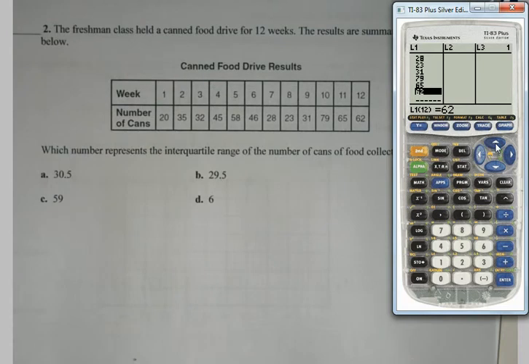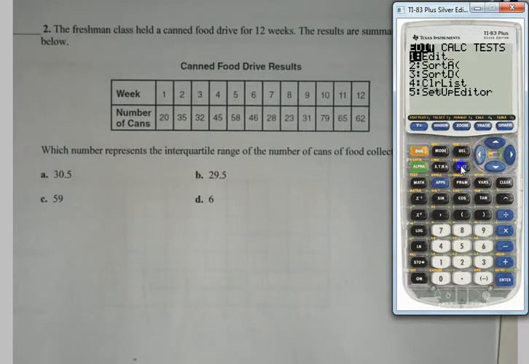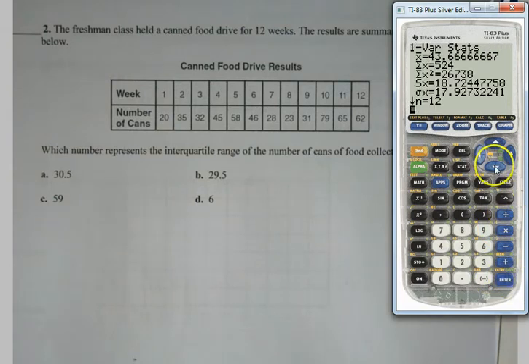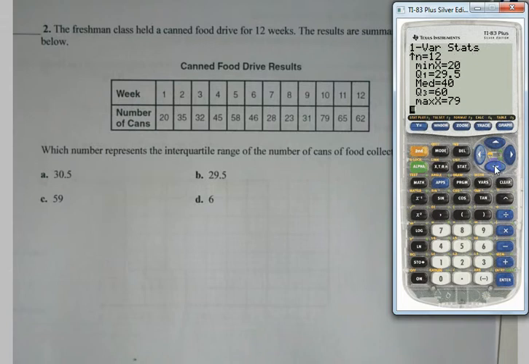Now, interquartile range. There's not a specific one, because interquartile ranges are down here a little bit further on our variable statistics, but it's not immediately right there. If I wanted to make a box and whisker plot, I could with this.